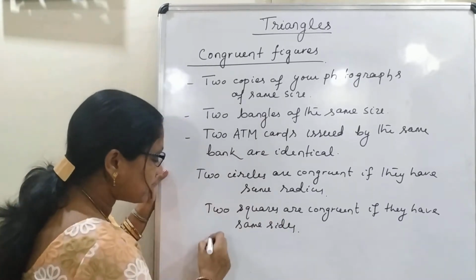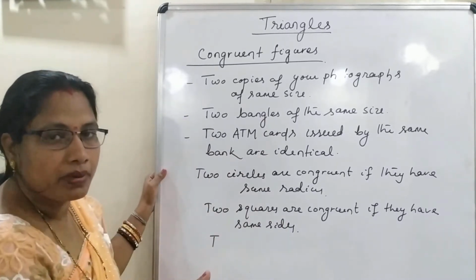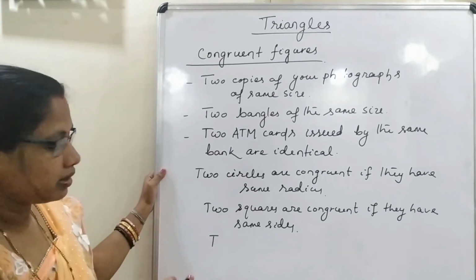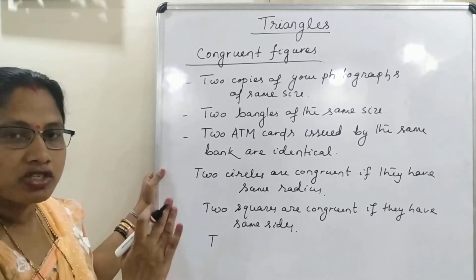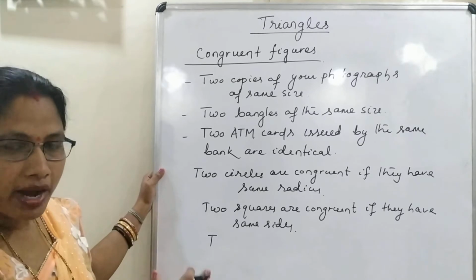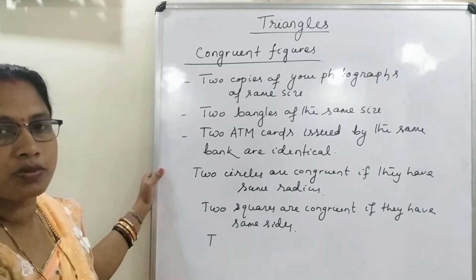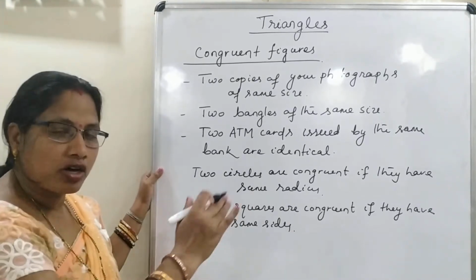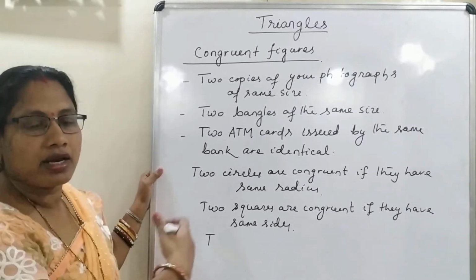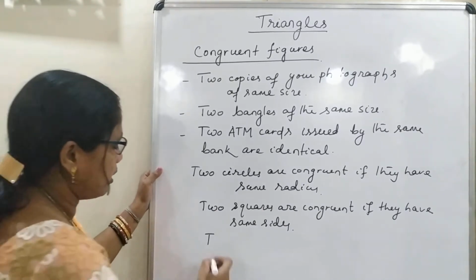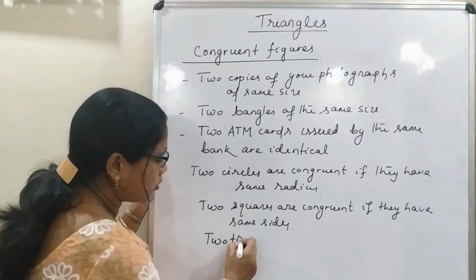And two triangles are congruent if they have the same sides and the same angles. That means corresponding sides of one triangle are equal to the corresponding sides of the other triangle, and corresponding angles of one triangle are equal to the corresponding angles of the other triangle.